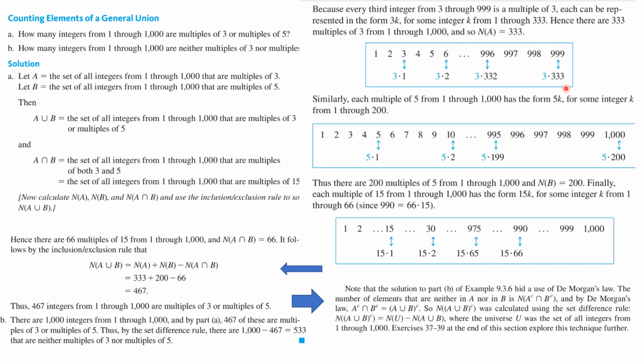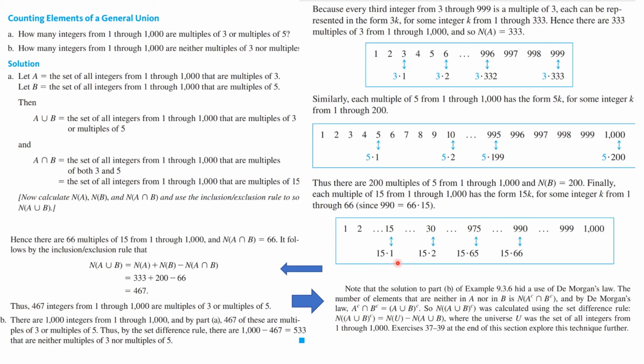333 of those. Now if we look at the multiples of 5, we get 5 times 1, 5 times 2, all the way up to here. So I have 333 of these, I have 200 of these. But then I have to subtract off the intersection, because there are some numbers, like 15, that are a multiple of 3 and a multiple of 5.